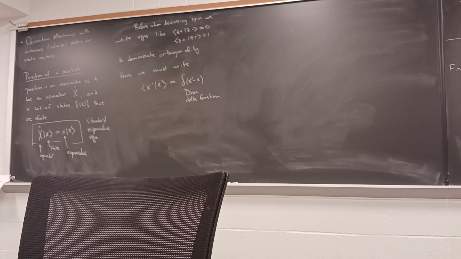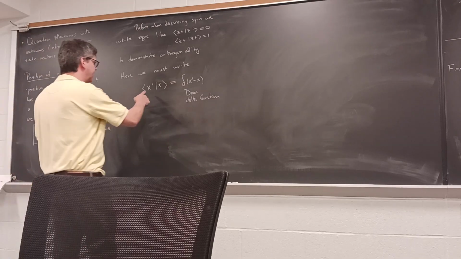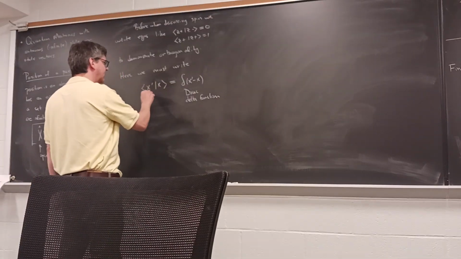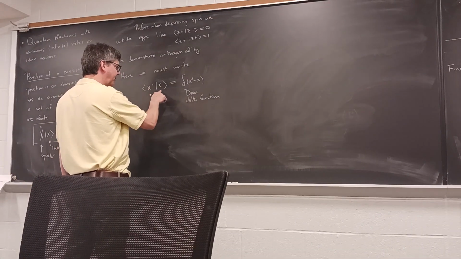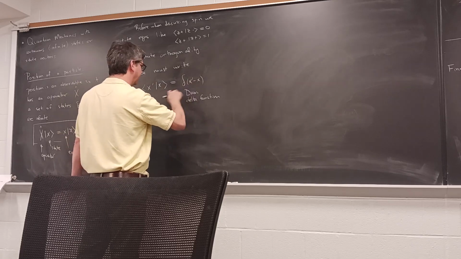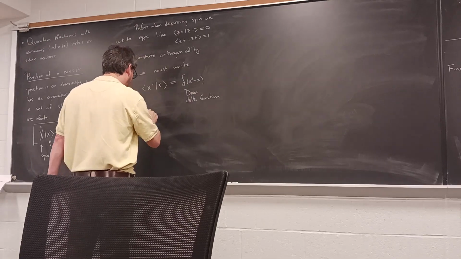And so these represent two different positions. You know, if x and x' are different, then this is 0.